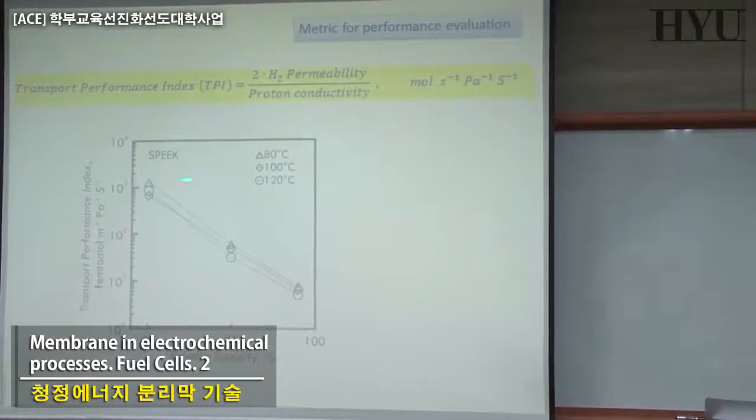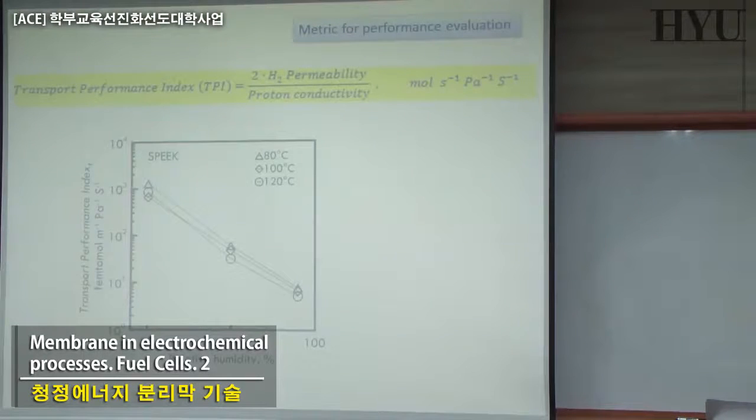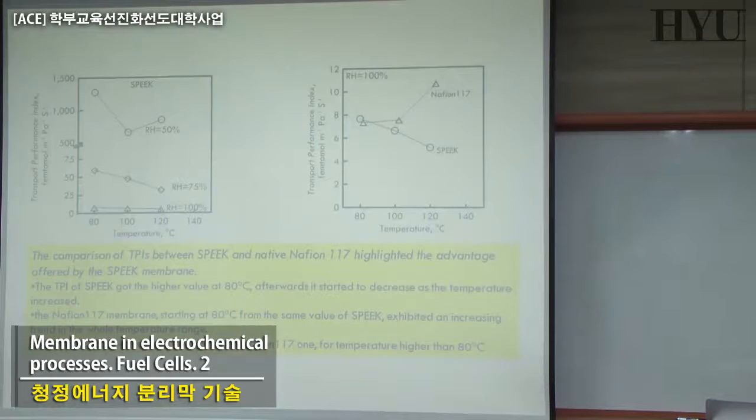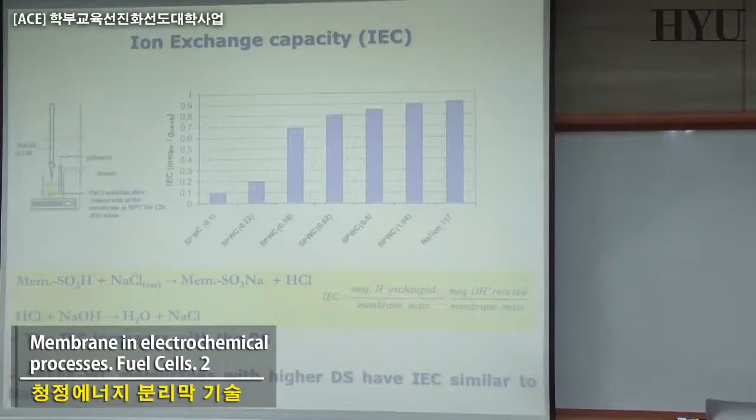The performance of these membranes can be measured at different temperatures as a function of the relative humidity, and this behavior is still confirming what was mentioned before. Here is the same story with the transport numbers, but anyway. What you have here in this case is the ion exchange capacity. You can see here that Nafion always has a much higher ion exchange capacity than all the others. And also when we are adding our acid, it is not enough to compete with Nafion up here.